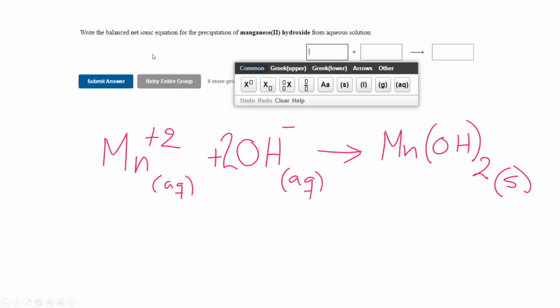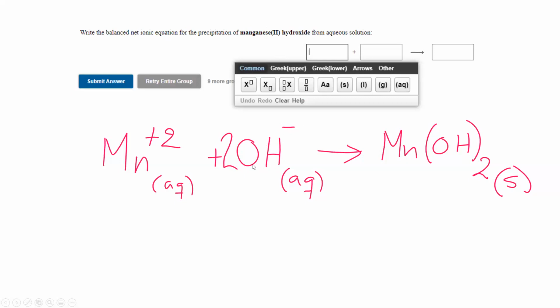In this case, you have to represent the net ionic equation for the precipitation of manganese hydroxide. Then, all you have to do is begin from the cation manganese plus 2, because it's manganese 2 in aqueous solution, plus 2 hydroxide, because the hydroxide is -1.